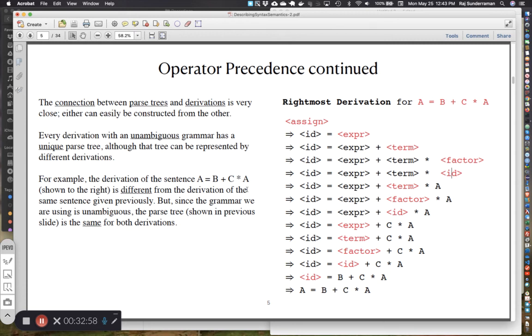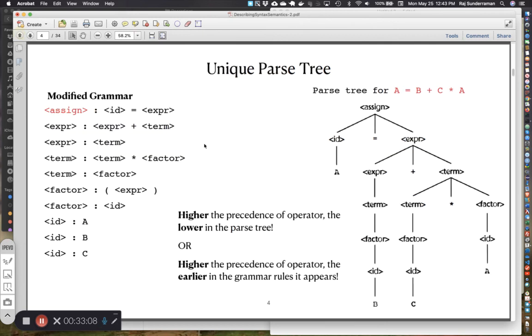No, that's not true. If you look at the parse tree for the rightmost derivation, it will be exactly the same as the one we saw here. Only the order in which these nodes are created is different, but once the process is done, the tree is the same.